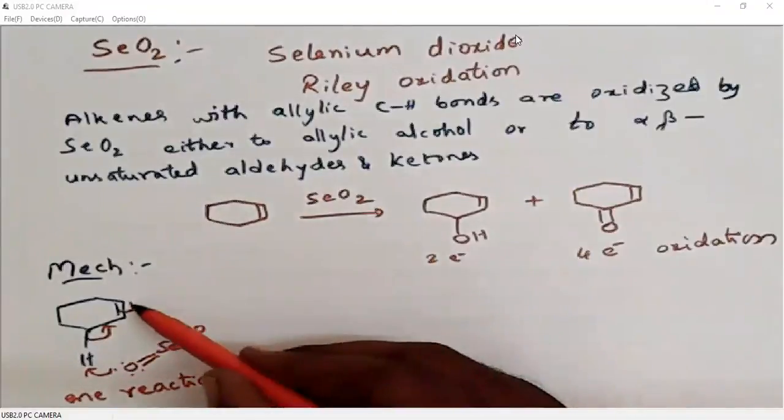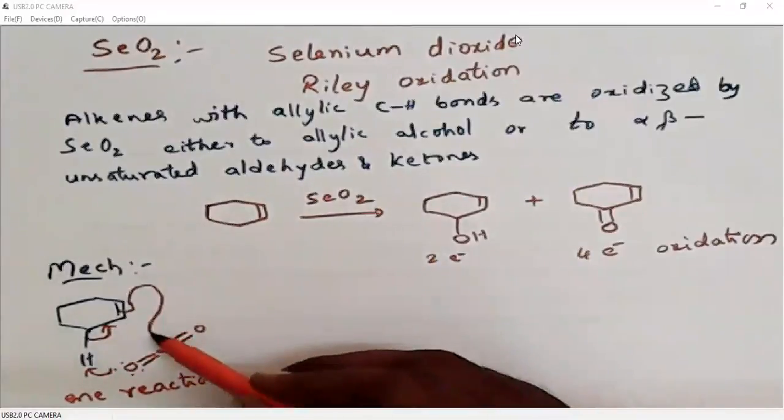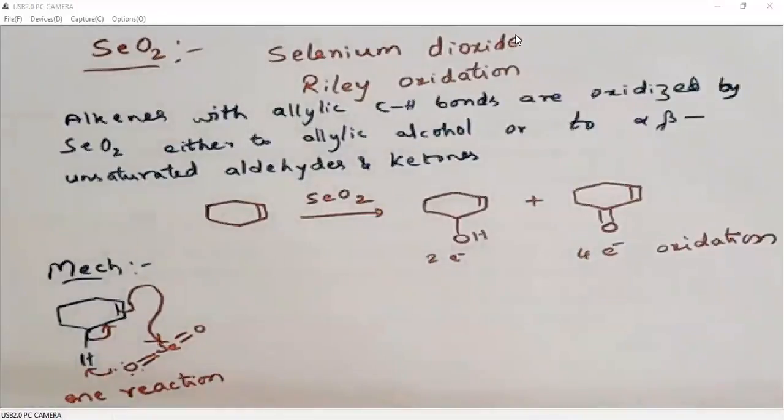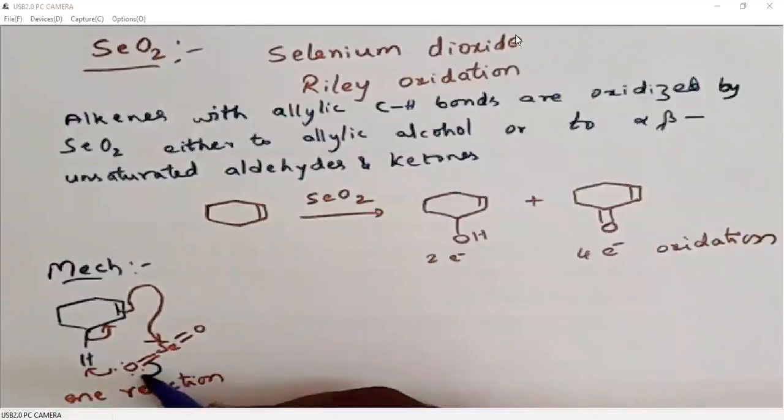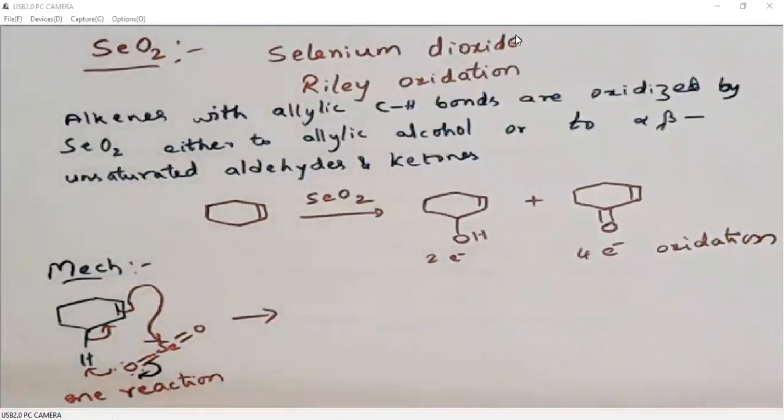Then this carbon anion will attack selenium. Because oxygen is donating electrons, it gets a positive charge. To nullify the positive charge, we break this selenium oxygen double bond and polarize it towards oxygen so that oxygen is neutral. So the product is the ene reaction product.